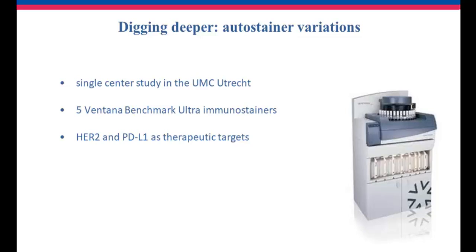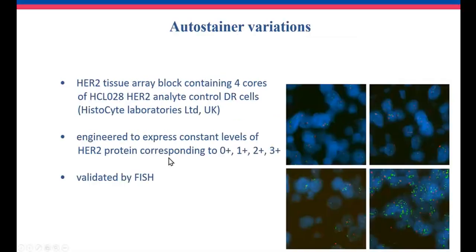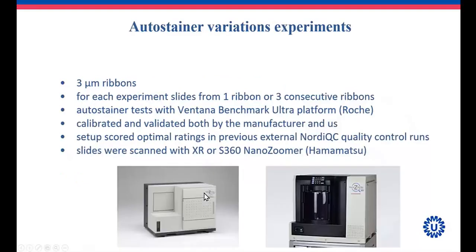And we did most of the experiments on HER2 and some on PD-L1. First of all, we again quality checked the material that we had, the tissue array block with the 4 cores, by FISH. It has been validated by FISH for the company, but we decided to do it again. And you see a very nice range of spots in the 0, the 1 plus, the 2 plus, and the 3 plus cores. So this block was good, and we decided to use it further.